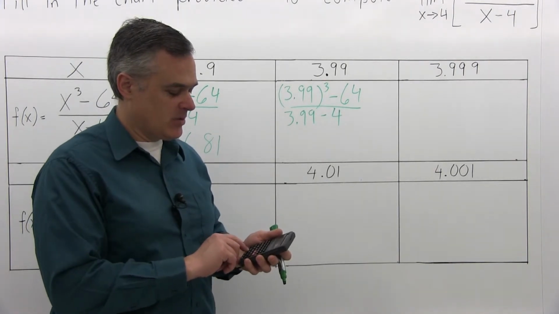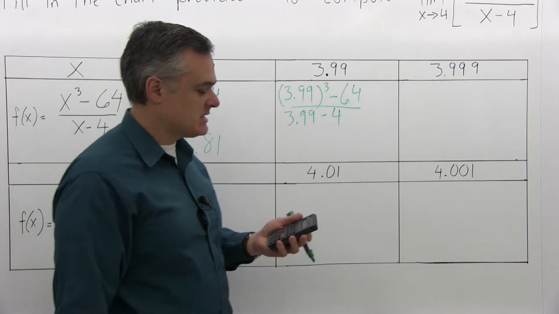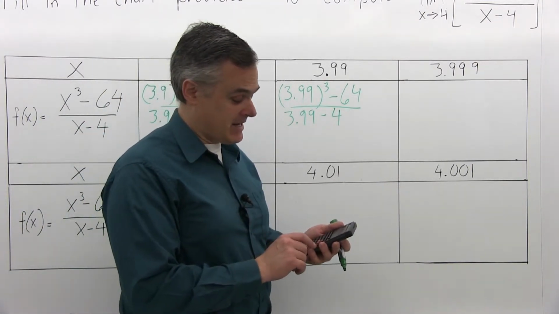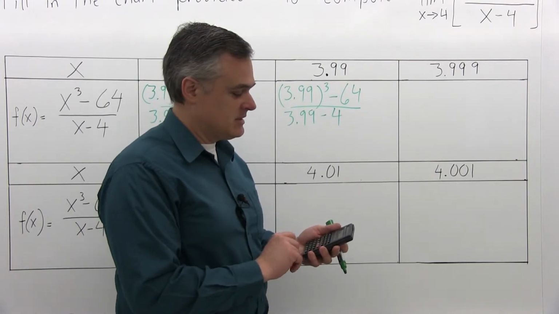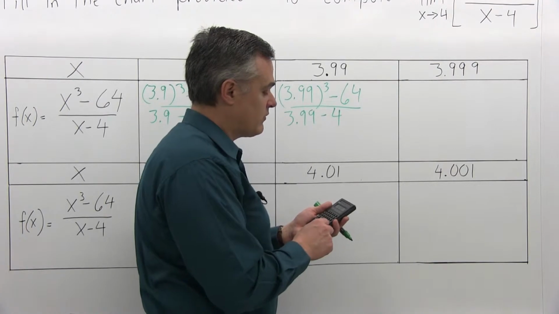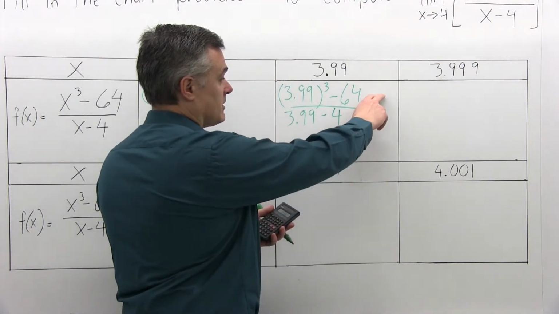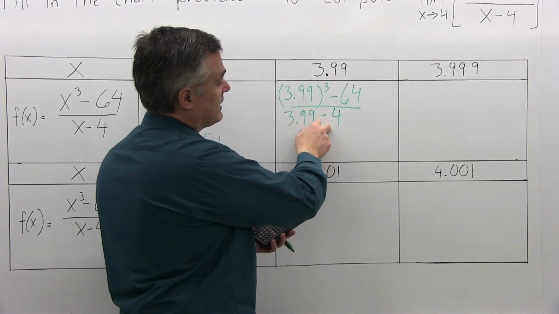Start with 3.99 to the third power. And the calculator tells me that's 63.521199. I'm going to subtract 64 from that result. Now the numerator is negative 0.478801. I'm going to divide that result I got from the numerator by, I can see the denominator will be negative 0.01.